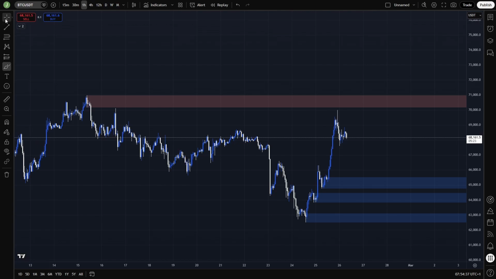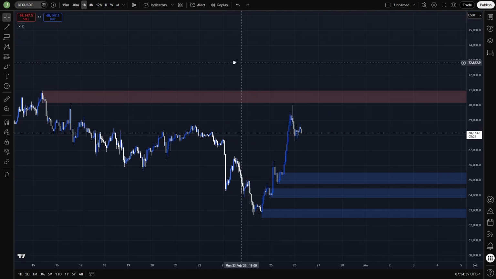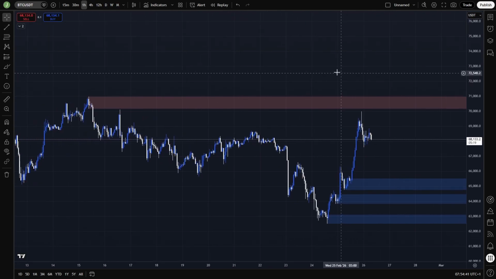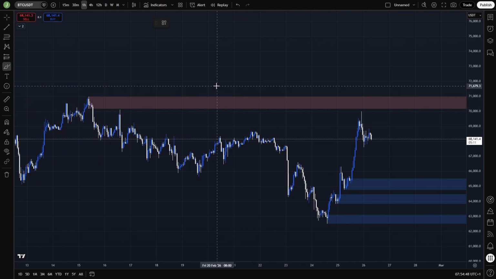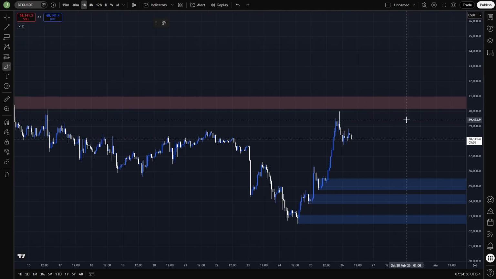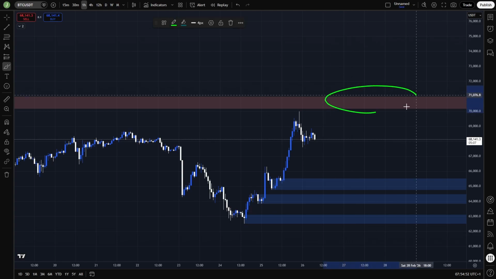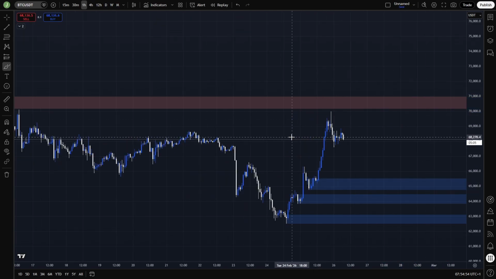But let's now get back to the charts. First thing that I want to show you is how this indicator actually works. Besides other things that are not that important, this indicator is simply showing you bearish and bullish order block areas.